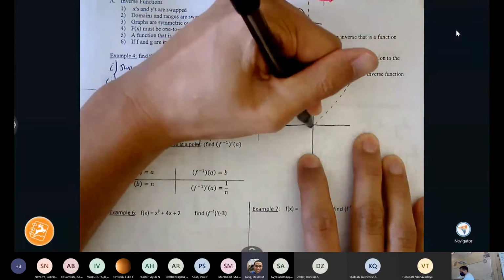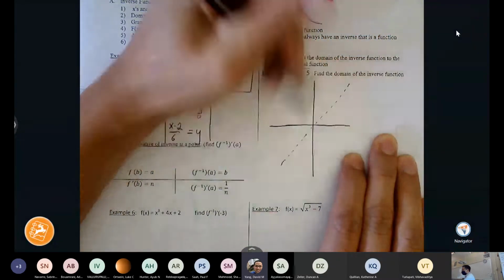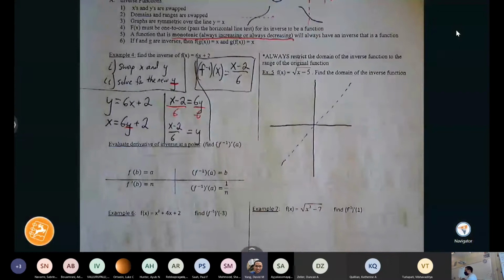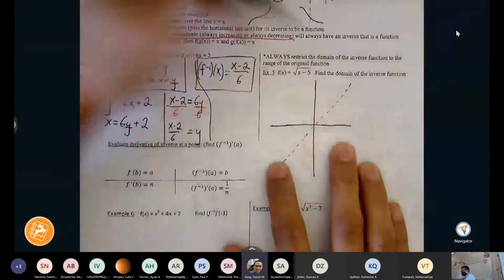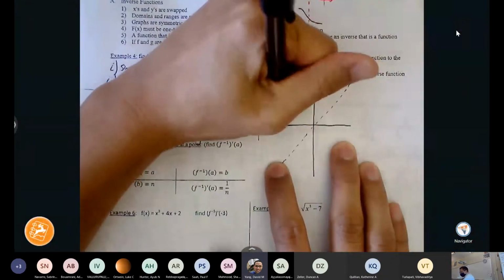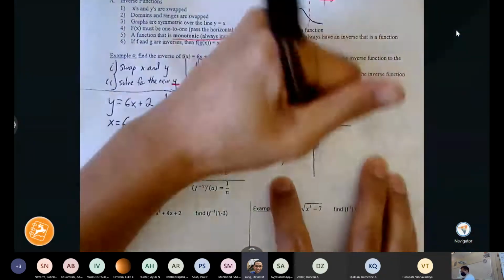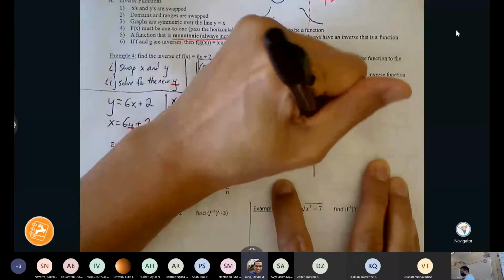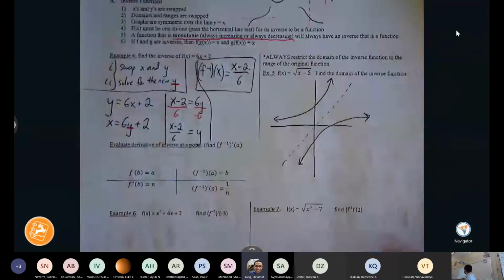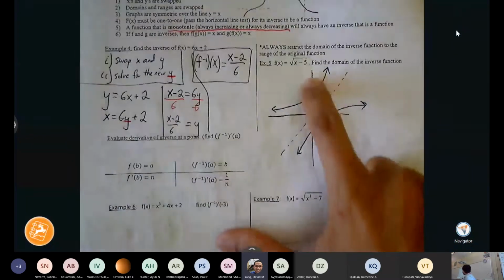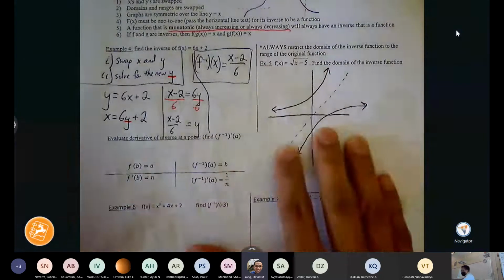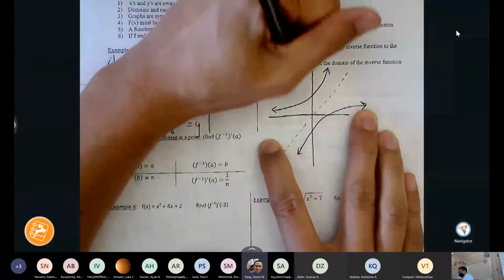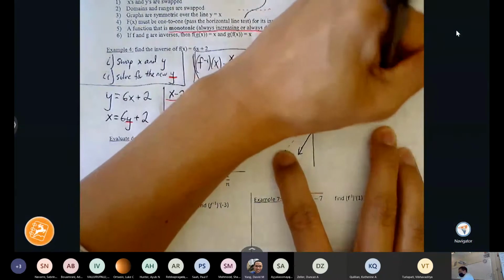Again, we know visually we're looking at a function and its inverse. If you can imagine folding the graph across this diagonal line and imagining that the graphs will overlap. So we can kind of imagine that, right? If you fold this over the line, you can imagine it overlapping. So I'm going to call the top one f of x and the one below f inverse of x.